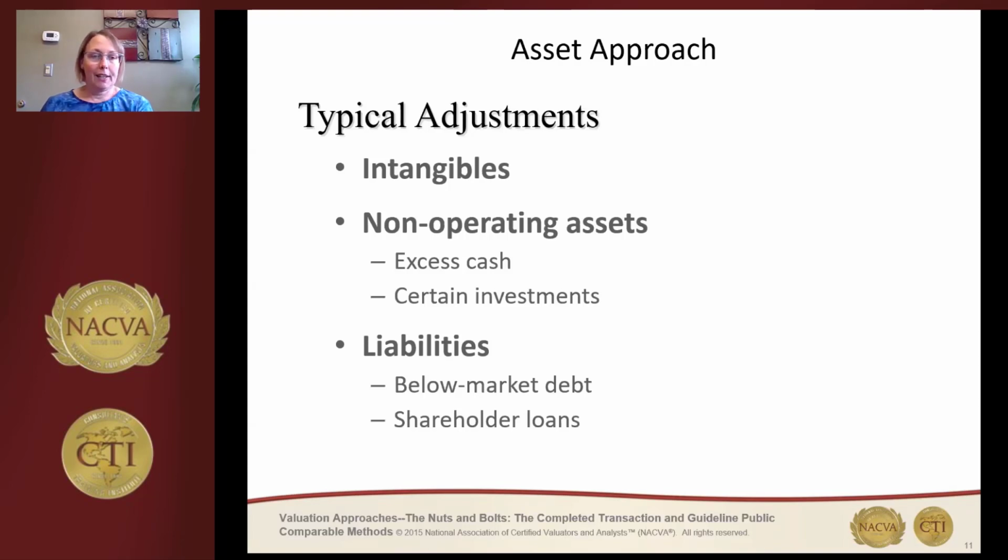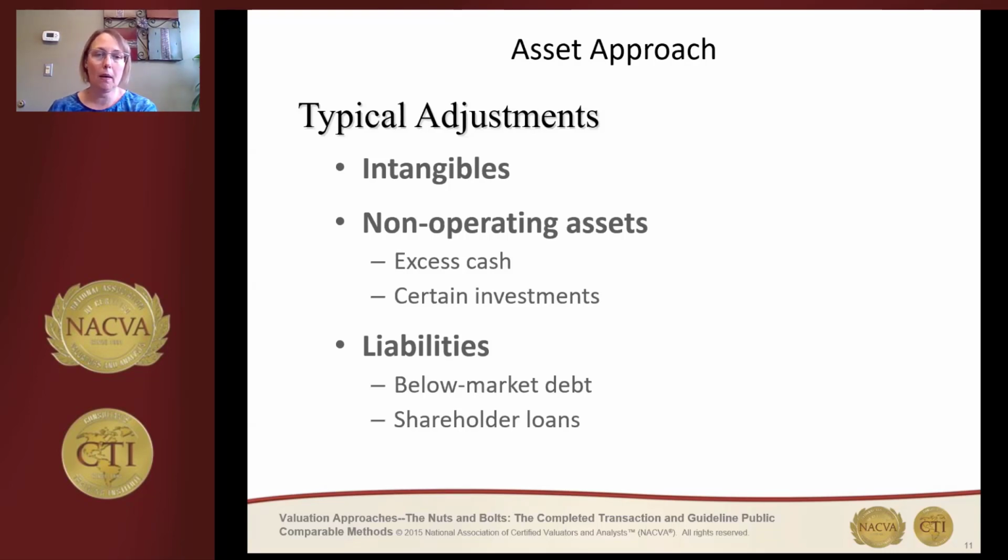We can look and see if the cash is typically 10% of total assets, then why is our company's 30%? Maybe we need to adjust it down to the 10%, bearing in mind that maybe the number is skewed because we have significantly less fixed assets than others in the industry, or ours are depreciated further. So you can't just compare and make a quick adjustment. You have to actually analyze the financials and understand what's in them.